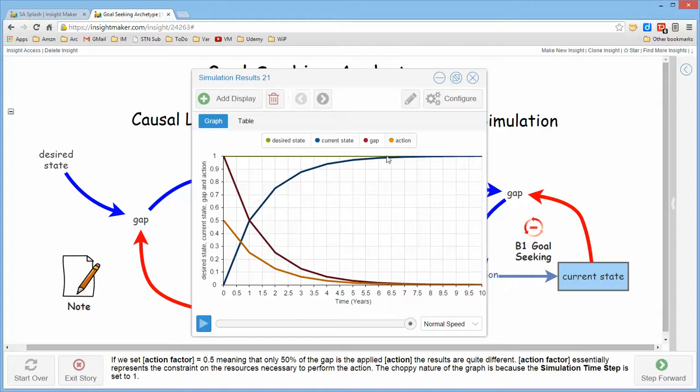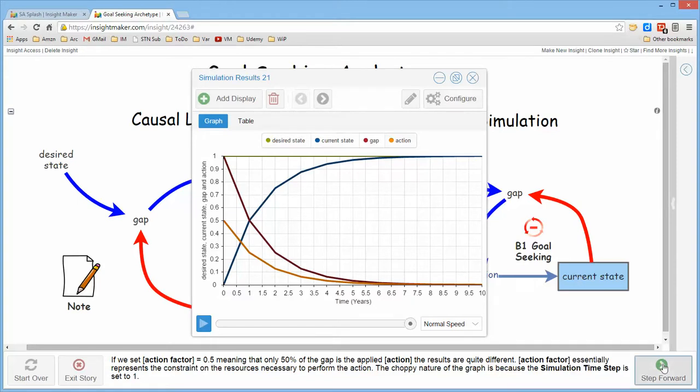Now, the chunkiness of this graph is because I've run this with a time step of 1, and therefore it's only calculating the variables every one year, which is what the time setting is set here. So typically you run it at a smaller time step and this curve becomes smoother.